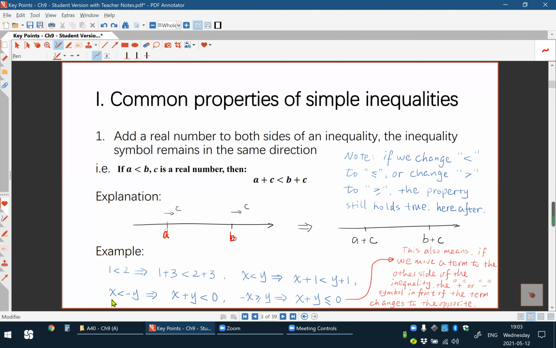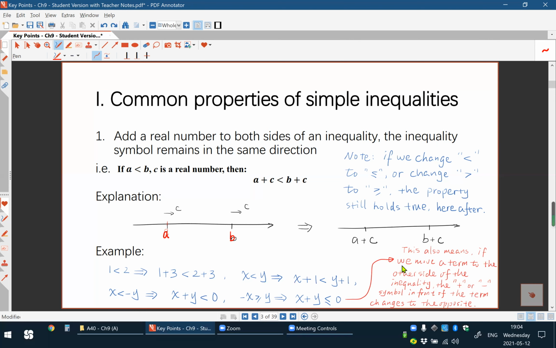Or if we have x is smaller than minus y, then x plus y is smaller than 0. This means we add a y to both sides of this inequality, right? And if we have minus x is greater than or equal to y, we can have x plus y is smaller than or equal to 0, right?